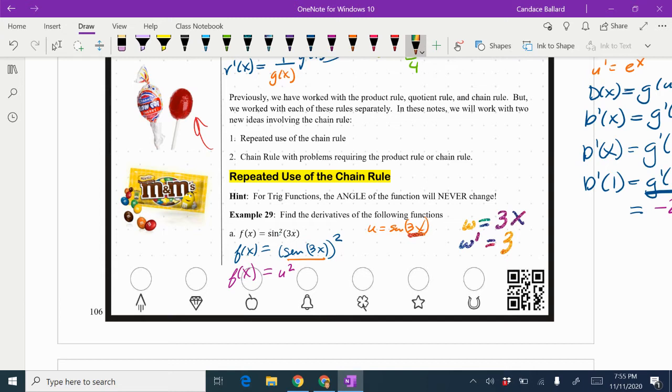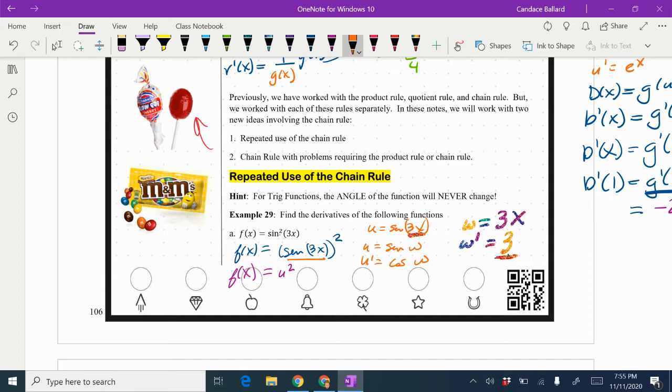Remember, when I'm doing the chain rule, I need to take the derivative of the outside times the derivative of the inside. So I'm going to do some substitution here and say that it's the sine of w. The derivative of that would be cosine of w, and then I'm going to substitute the w back in.